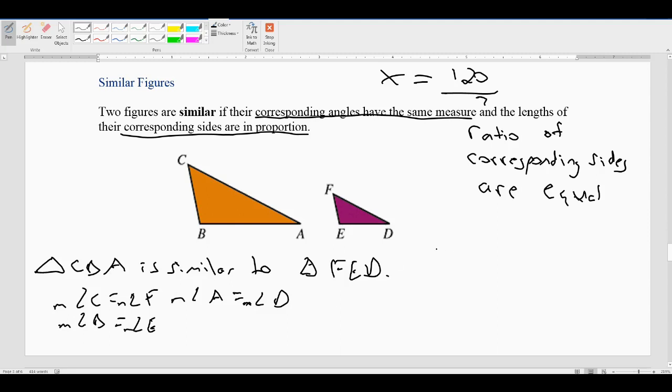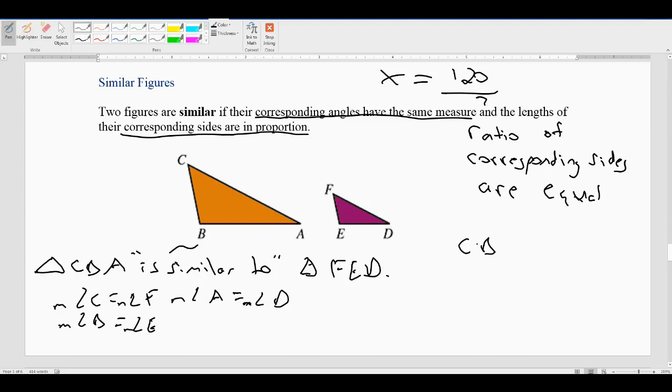And by the way, this symbol means similar to. Squiggly means similar in mathematics.